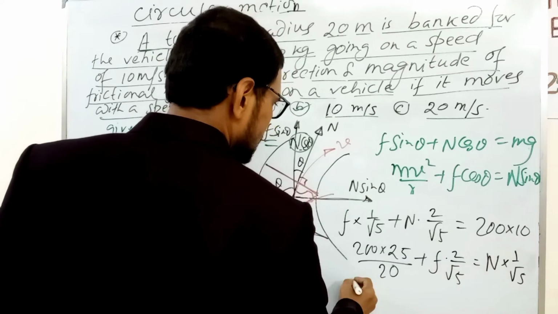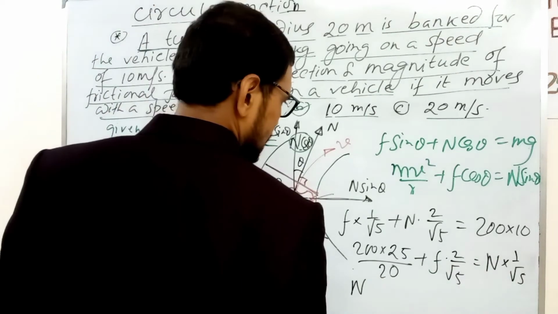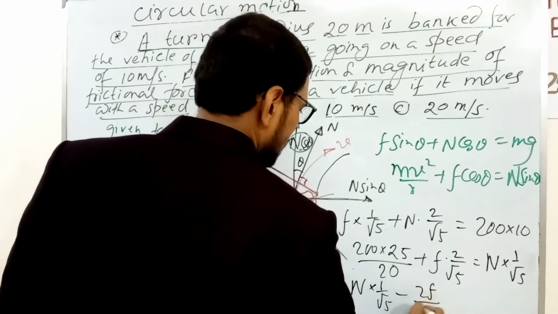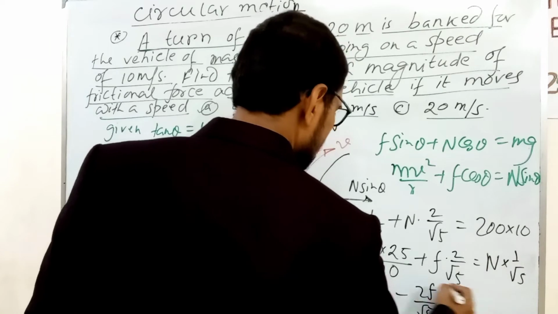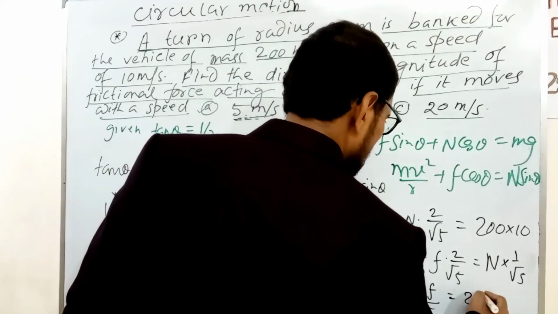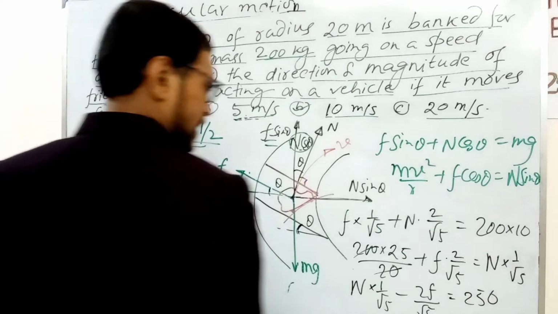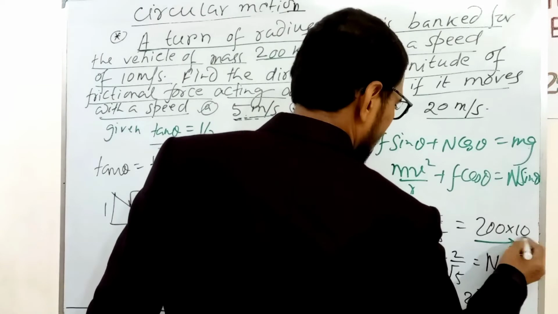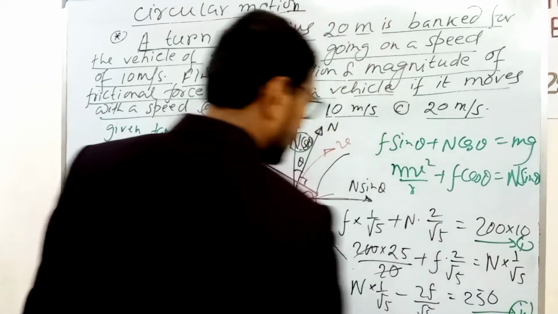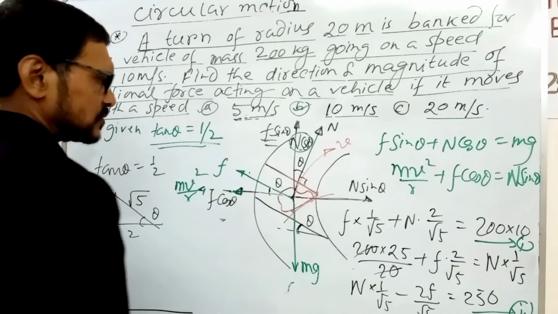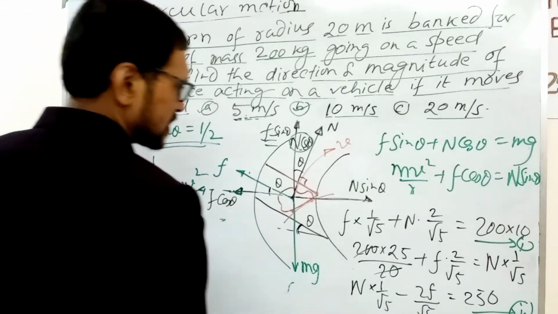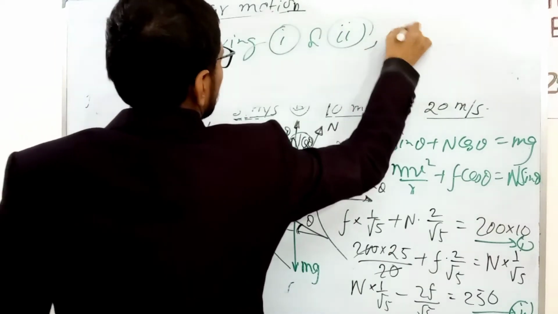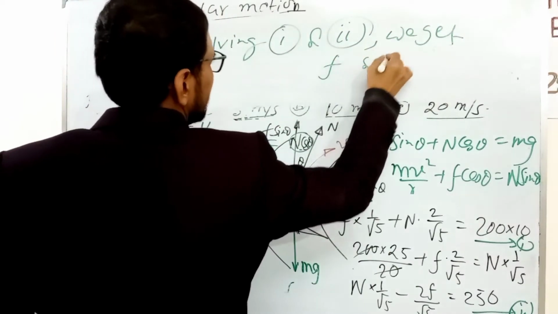So from this we write n into 1 by root 5 minus 2f by root 5, this minus equals this. Now this equation we can solve, 1 and 2. By solving 1 and 2 we get the friction force and normal reaction. We get f and n.